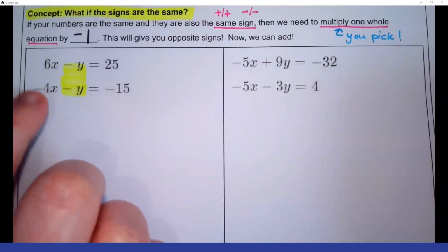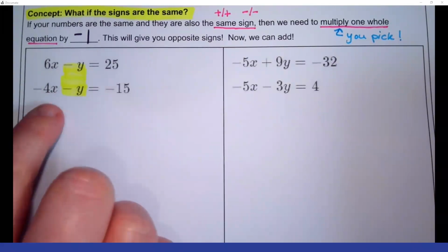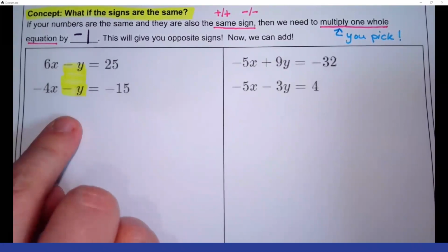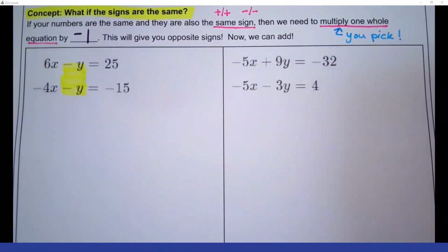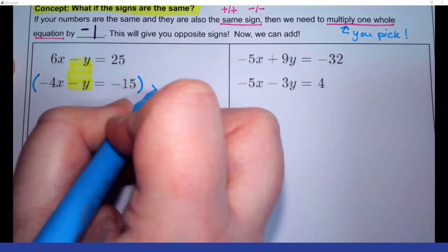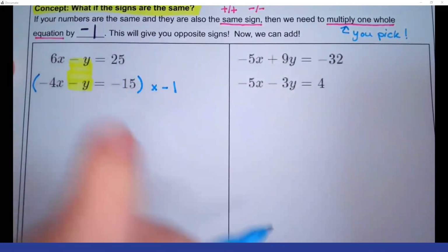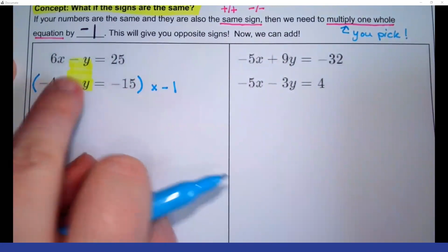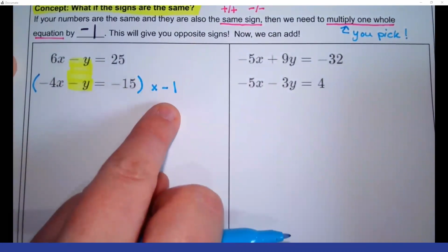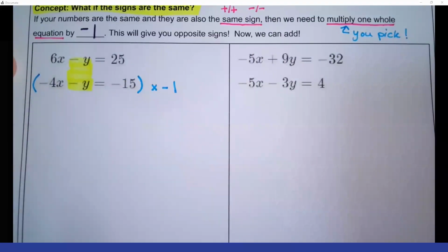Because I notice that the bottom equation has a lot of negatives, that's the one I'm going to multiply. So we're going to multiply this guy by negative 1. And the whole thing, the left and the right, everything gets multiplied by negative 1.